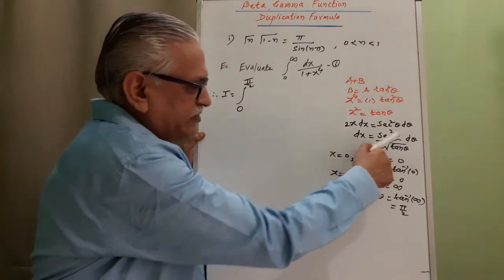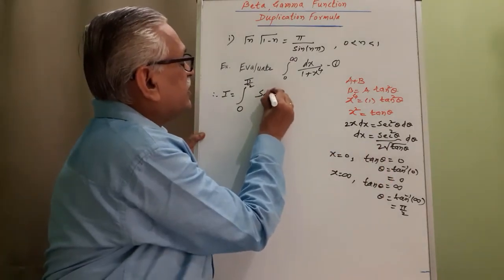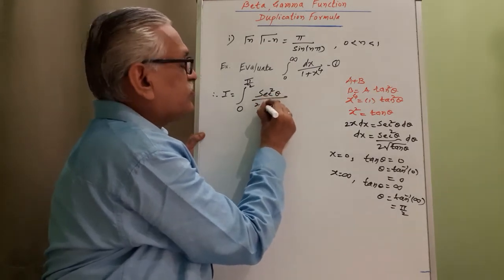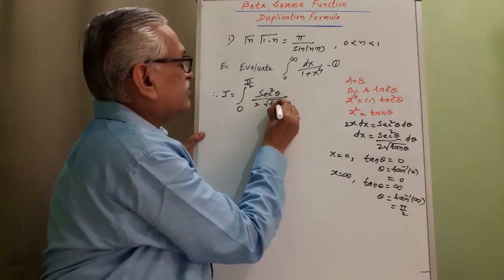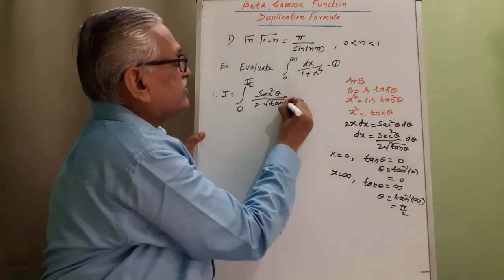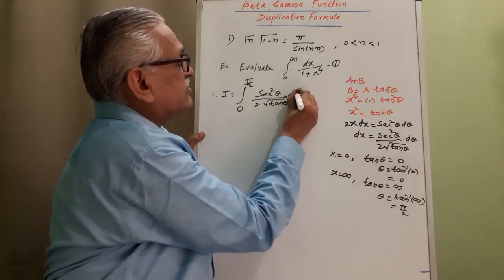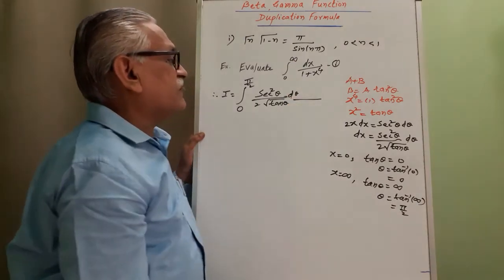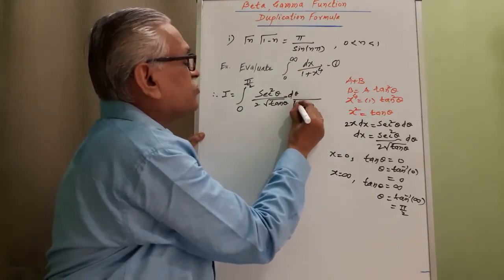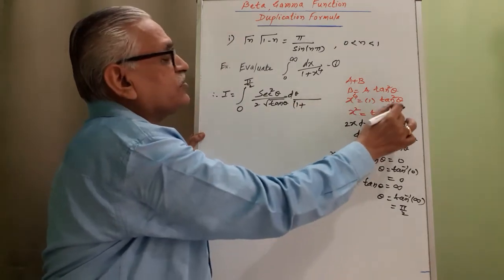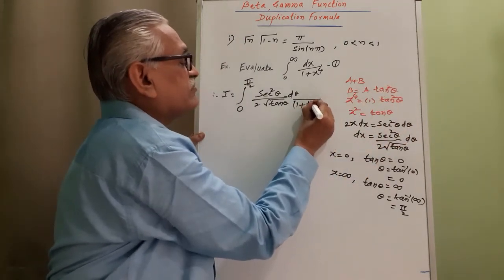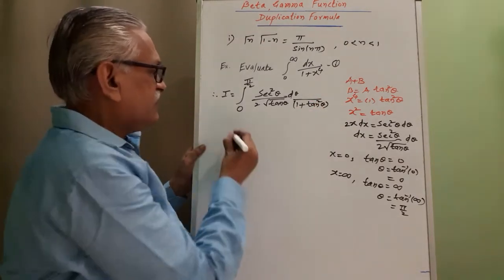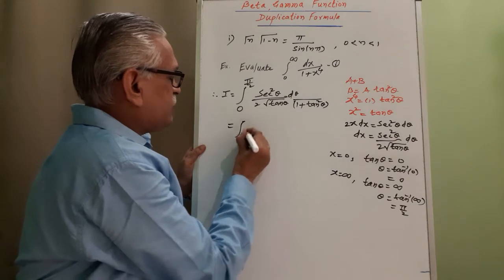The value of dx is secant square theta divided by 2 root of tan theta d theta, and divided by 1 plus x to the 4, but the value of x to the 4 is tan square theta. Therefore it is 0 to pi by 2.